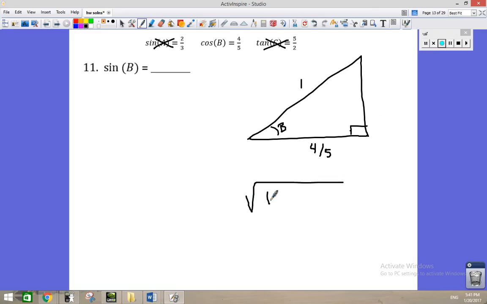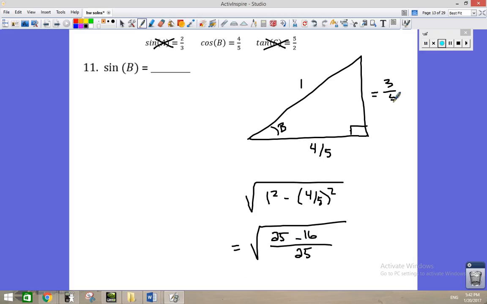If I have 1 squared minus 4/5 squared, let's rewrite 1 as 25 over 25. 4 squared is 16, and so now we have the square root of the fraction 9 over 25, which is equal to 3 over 5, right?